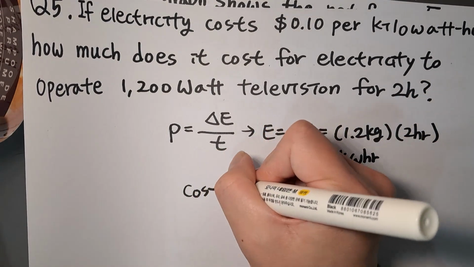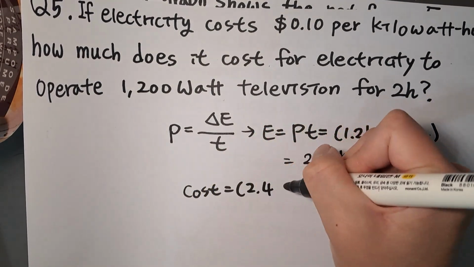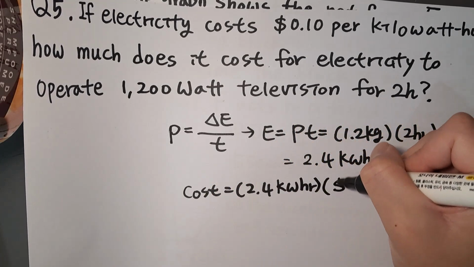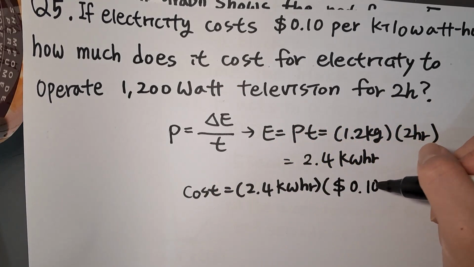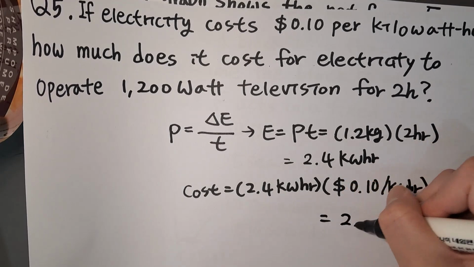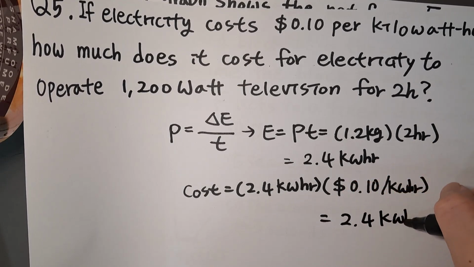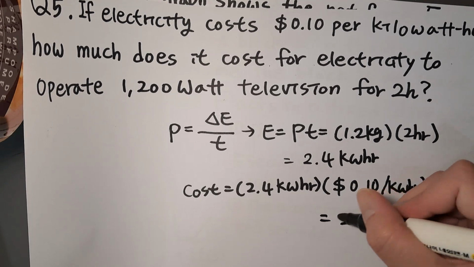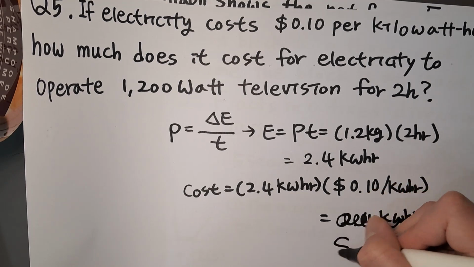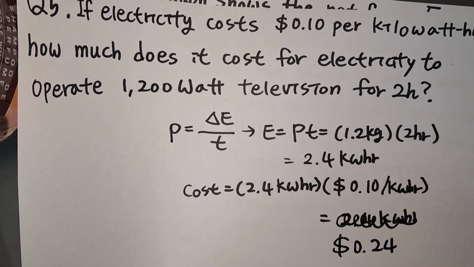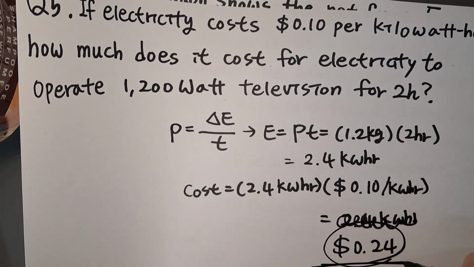So cost is going to be 2.4 kilowatt hours times 0.10. So 0.24 dollars is going to be the answer.